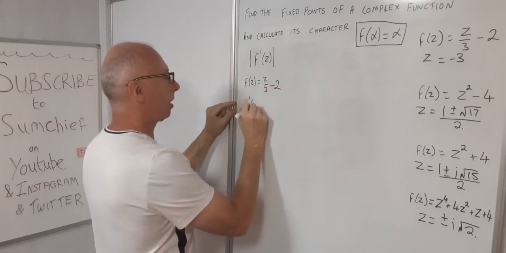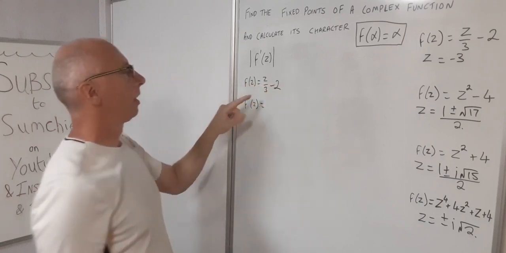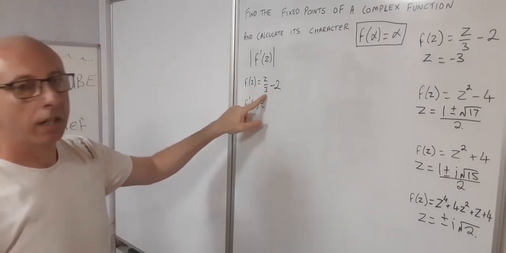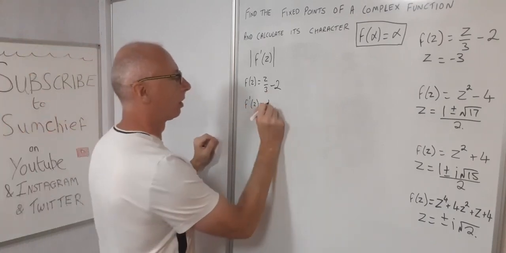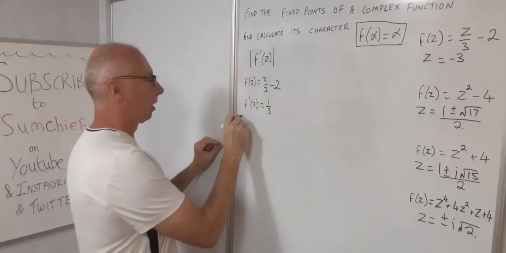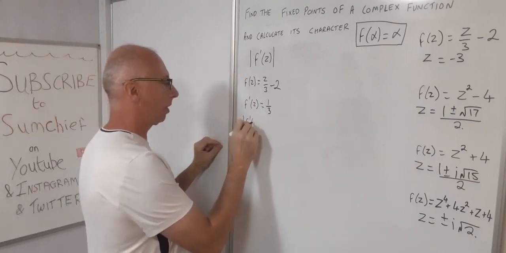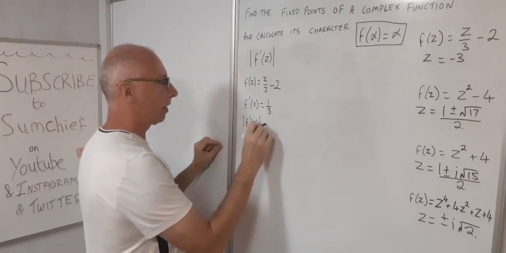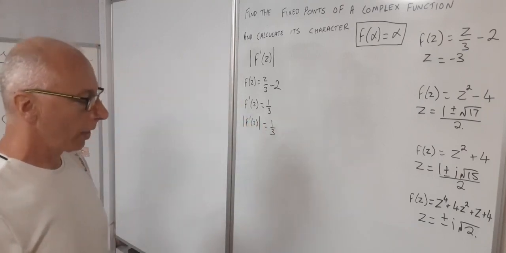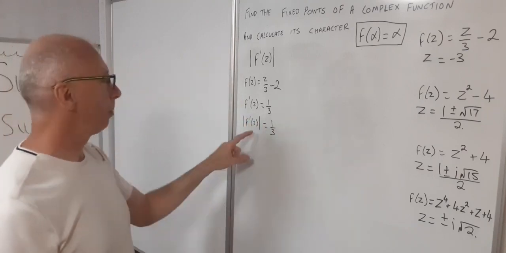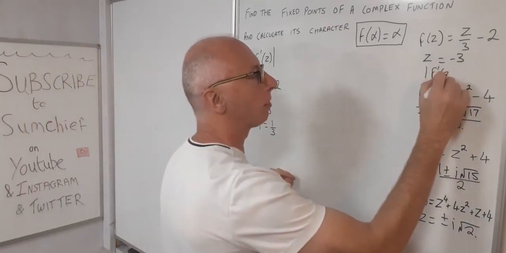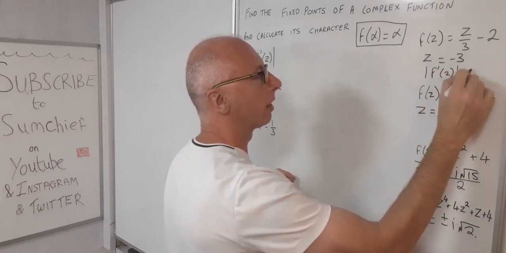So our f prime of z, the derivative of that, well, it's a third of z minus 2. That'll disappear and we'll just be left with the third. So our absolute value of f prime of z is just going to leave us with 1/3. Okay, so let's put our absolute values in here, and then I'm going to run through them all at the end.